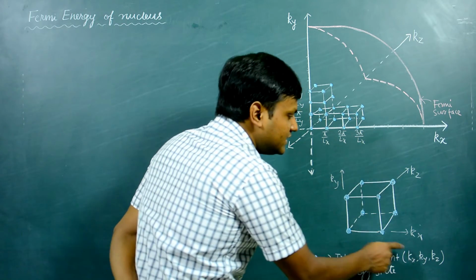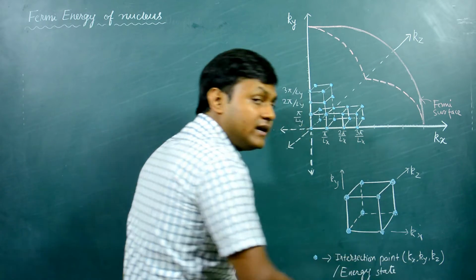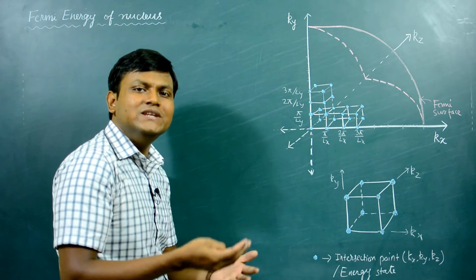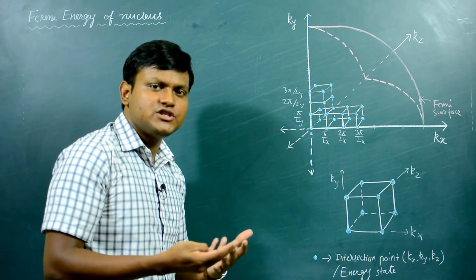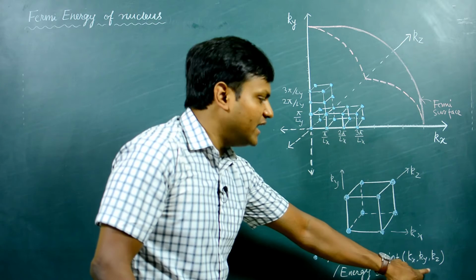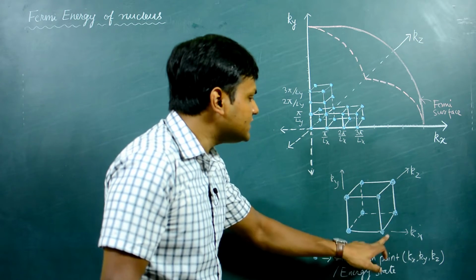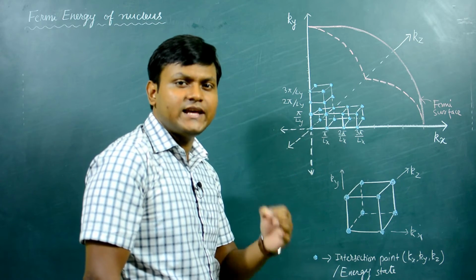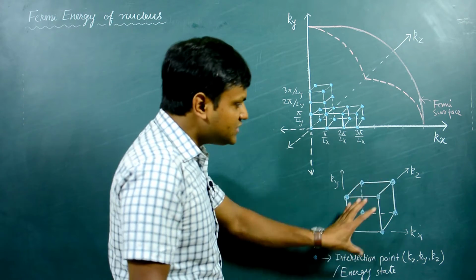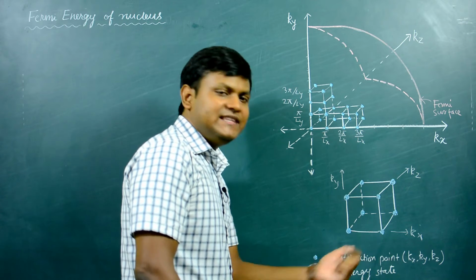And since they represent the allowed values of kx, ky and kz, they will also represent a unique energy state. Since, as I just showed, the distinct energy levels or energy states correspond to allowed values of kx, ky and kz, these blue points will also represent distinct energy states.